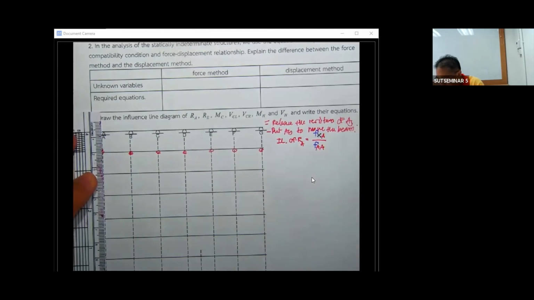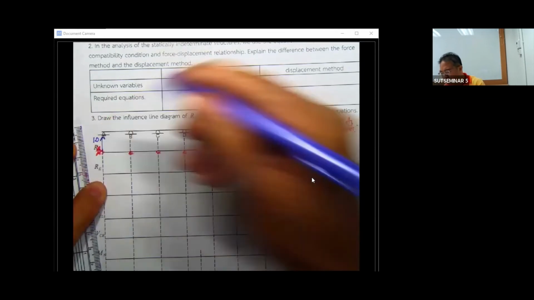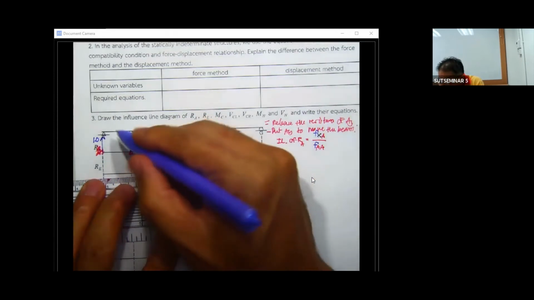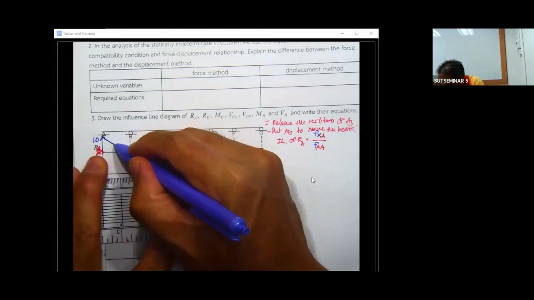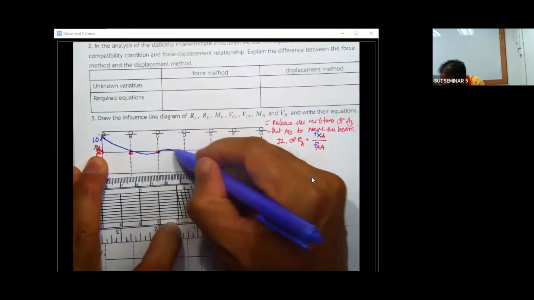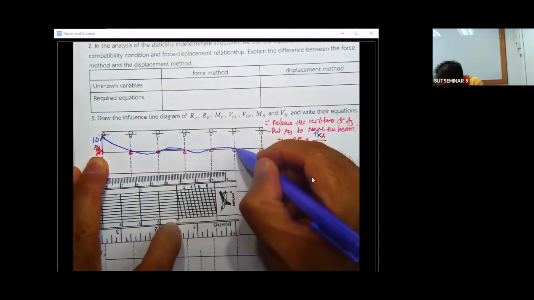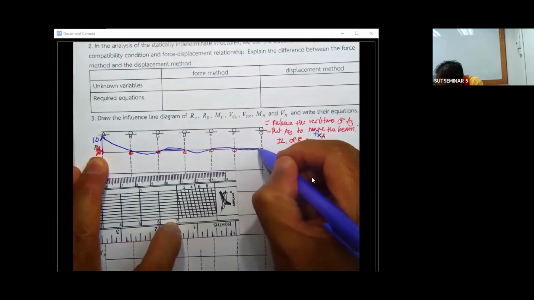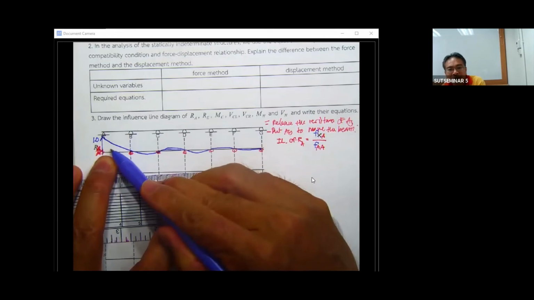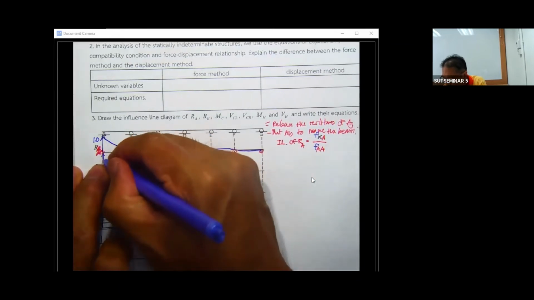Let's say this is going to be 1 unit. Then the rest of the beam is going to have some kind of deflection, deflecting in accordance with each other and getting smaller and smaller when they are far away from the applied force here.